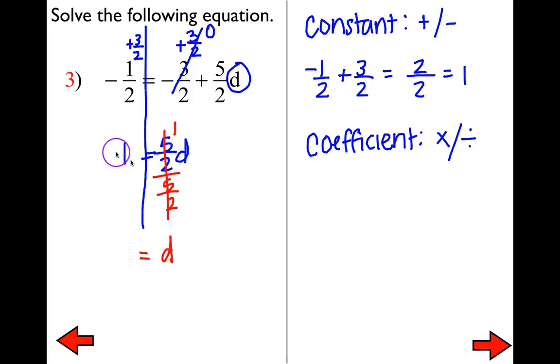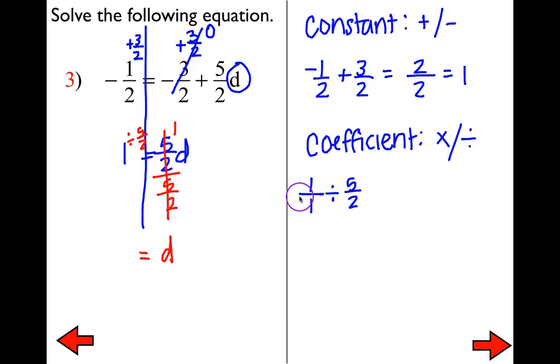But on this side, I'm not going to divide by 5/2 like this because it creates a problem that I'm not used to seeing. So I'm going to go ahead and make it a little bit easier for me and write it as divided by 5/2. Now this is a little bit more familiar because if you look over here, if I do some side work, I'm going to write it as 1 over 1 divided by 5/2.